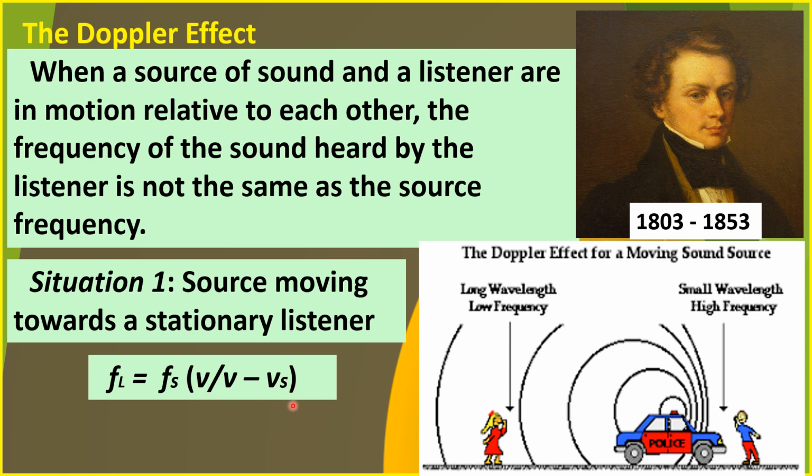If you analyze this well mathematically, the number inside the parentheses will be a number that is greater than 1. And that will mean that FL will be greater than Fs. And that is the reason why this stationary listener, the man, will be observing a higher frequency compared to the original frequency of the source.